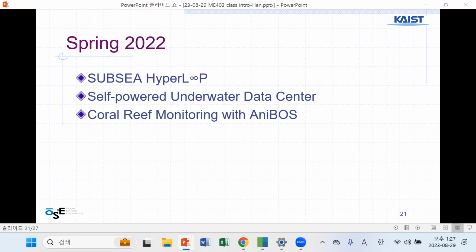That was interesting. They tried to use a turtle to attach some monitoring device on the turtle's back and use that device to monitor the sea animals, their safety and so on.